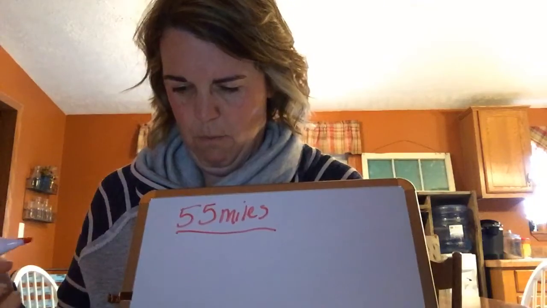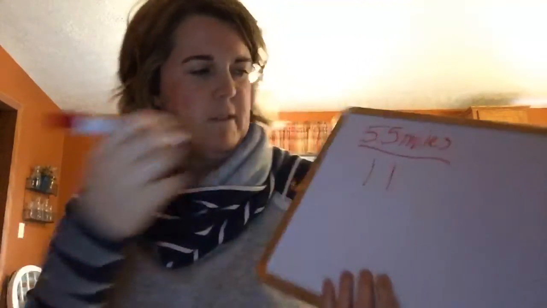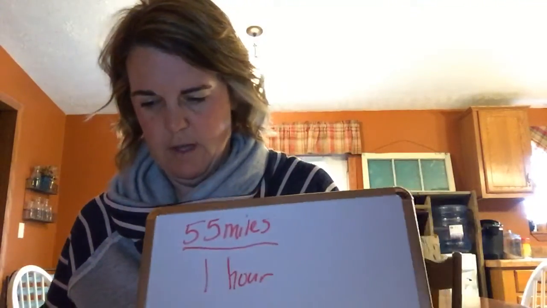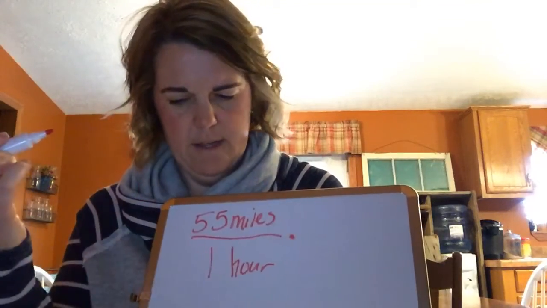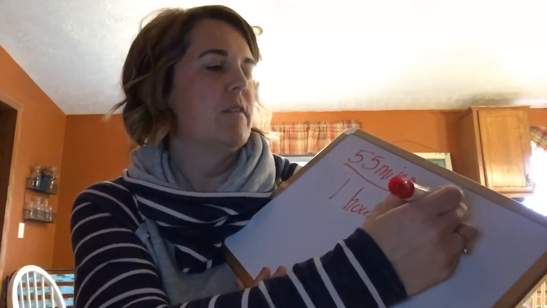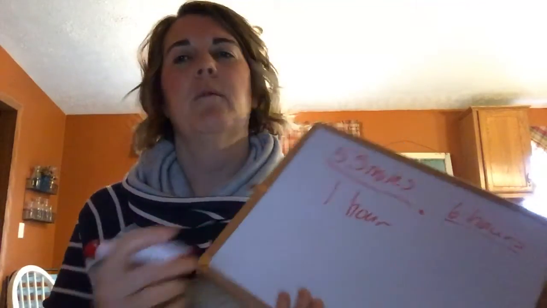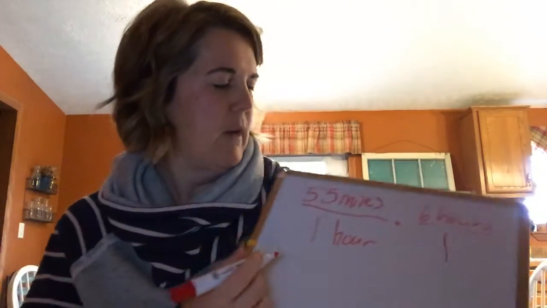Per hour, so 1 hour, times 6 hours. And so we put your 6 hours on top, and what do we do when it's not over anything? We put it over 1, just like we normally do, okay?